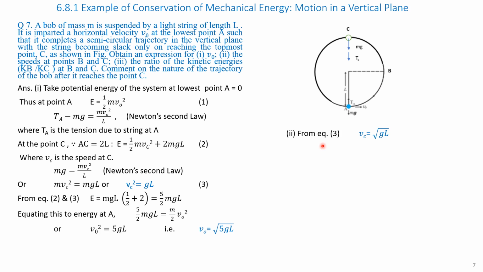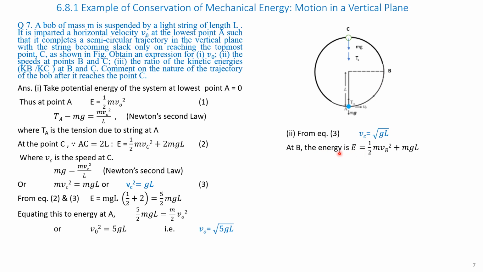Again, from equation 3, Vc square is equal to gL. Therefore, Vc is equal to square root of gL.